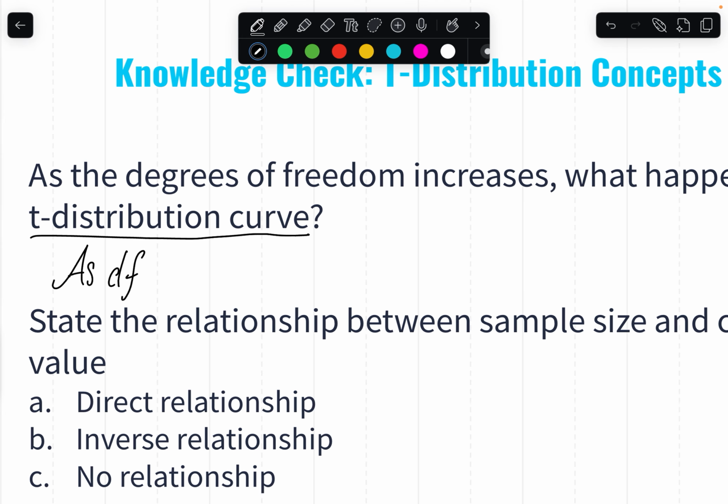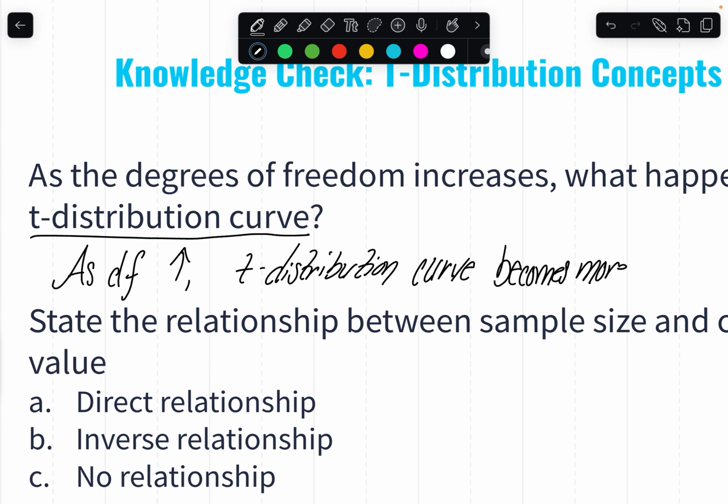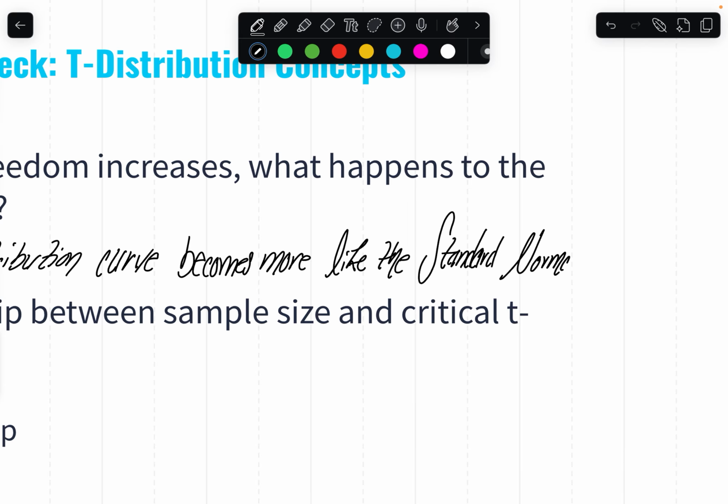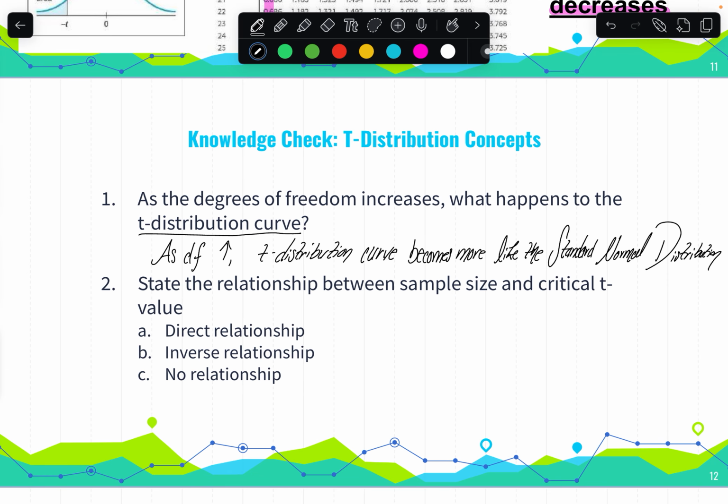As degrees of freedom increases, the t-distribution curve becomes more like the standard normal distribution. Big concept there.